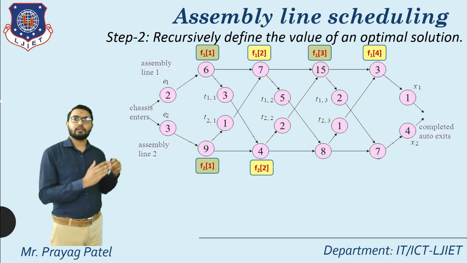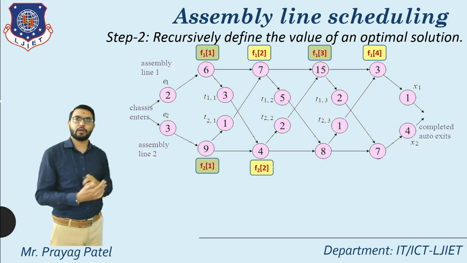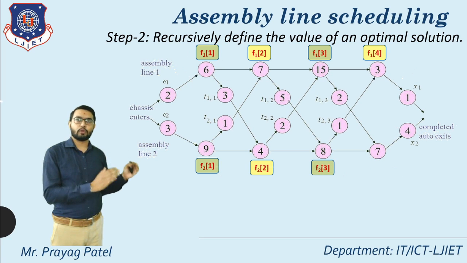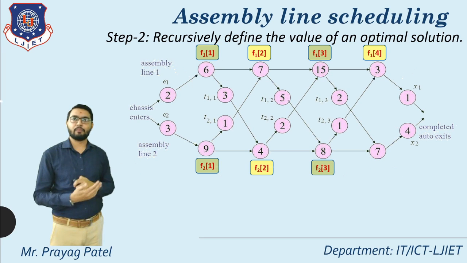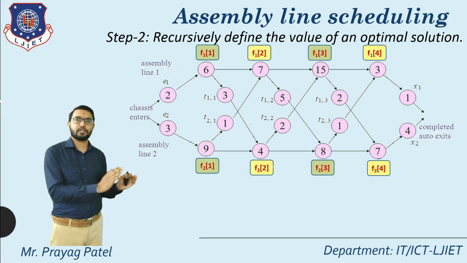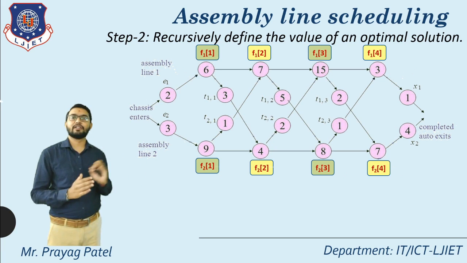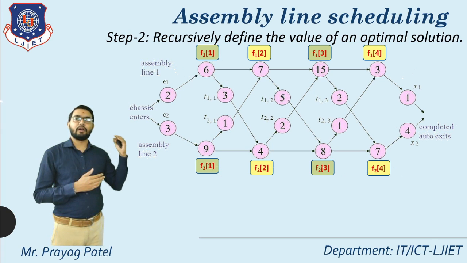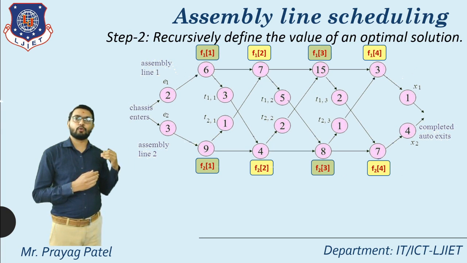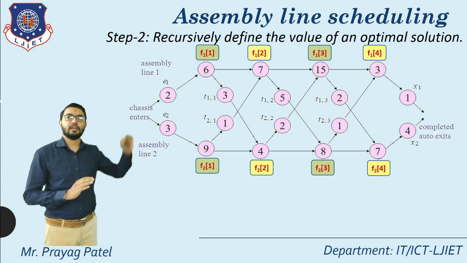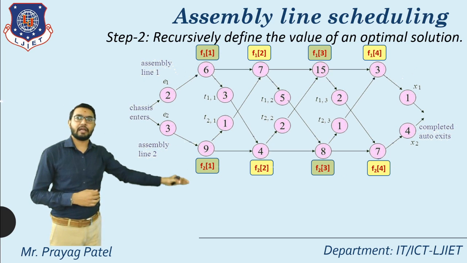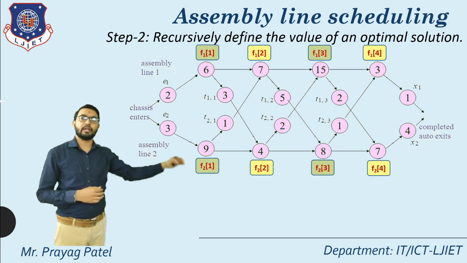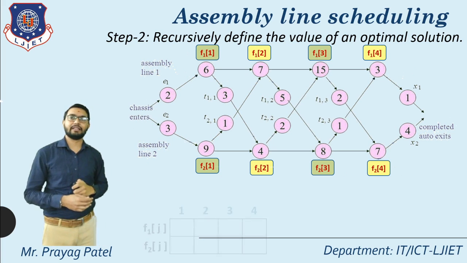F22 means total cost up to line number 2 station number 2. F23 means total cost up to station number 3 line number 2. And last, F24 means up to station number 4 in line 2. Now you can find the values in this sequence: first we find F11, then F21, then F12, then F22, then F13, F23, like this.